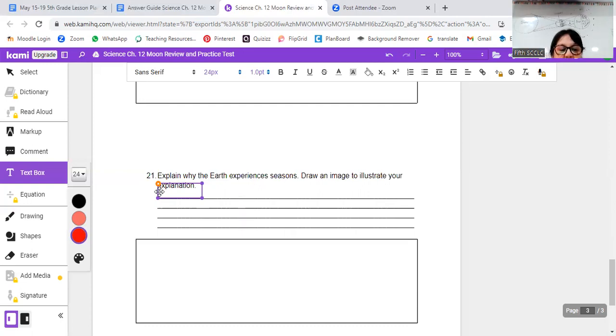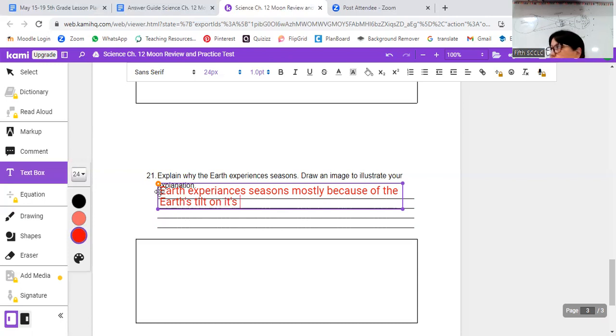Okay, I'm gonna type it this way. Earth experiences seasons mostly because of the Earth tilt on its axis.